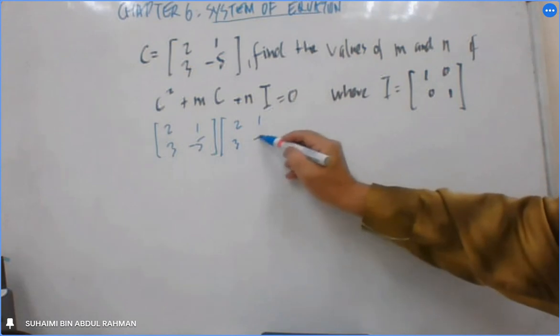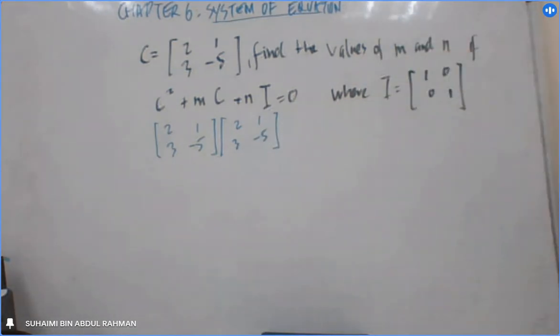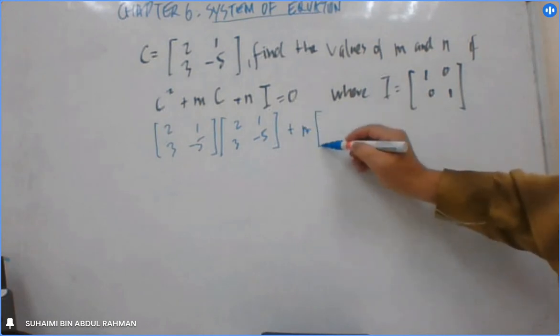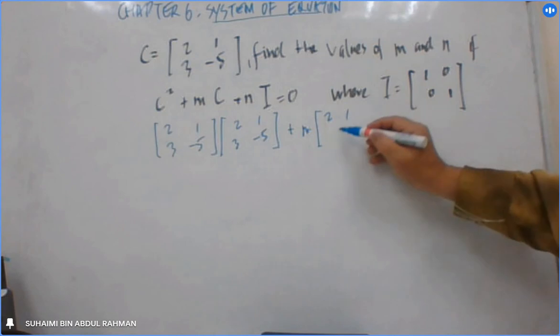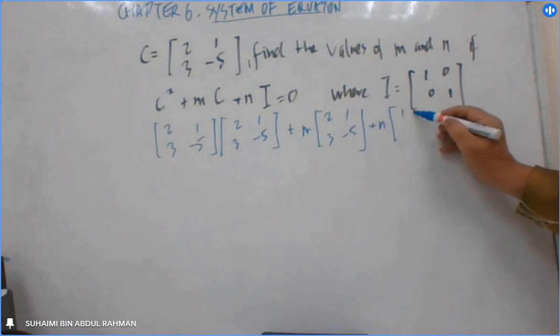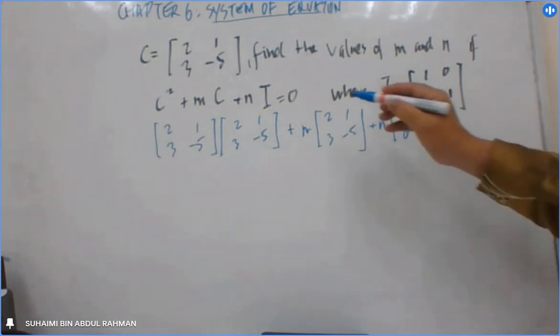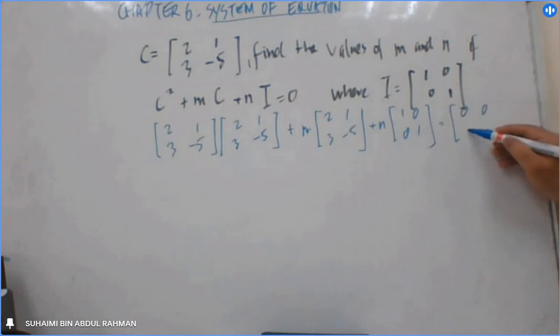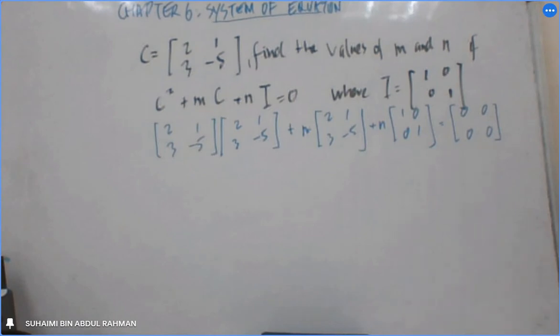C multiplied by C. Plus M multiplied by C. C is 2, 1, 3, minus 5. Plus N multiplied by 1, 0, 0, 1 equal to 0. 0 is the zero matrix: 0, 0, 0, 0.